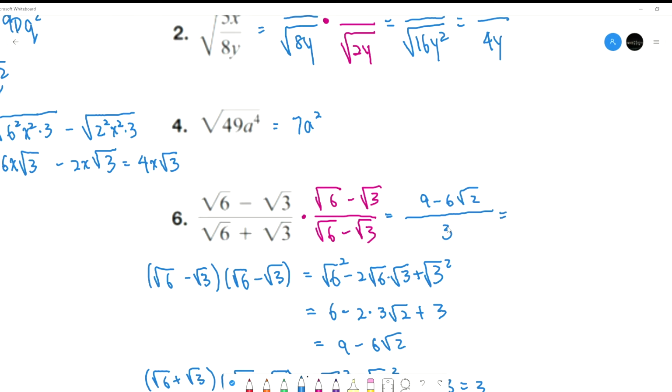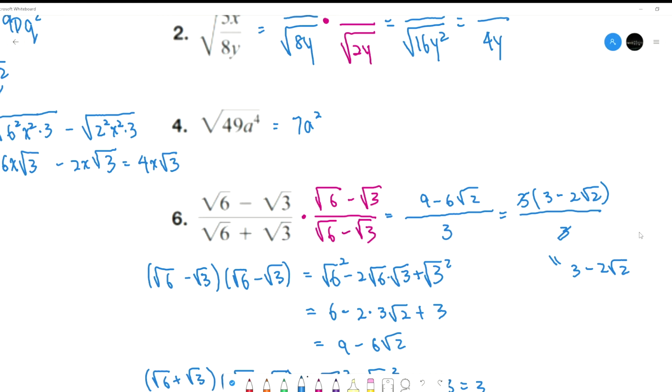So I see a 3 that can be factored out. 3 times the quantity 3 minus 2 radical 2 over 3. So lastly, the 3's cancel out. So your final answer is just 3 minus 2 radical 2.